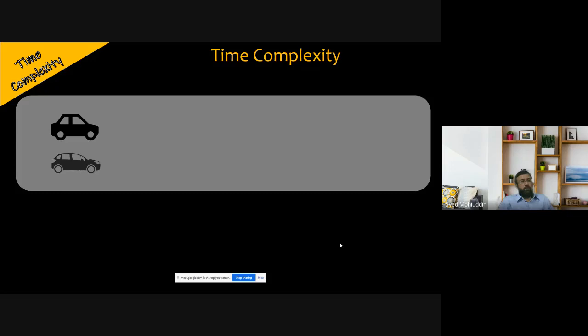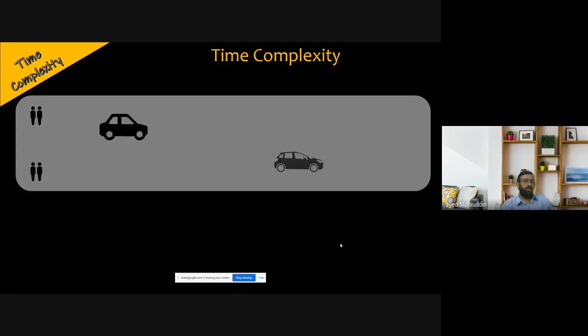Now, both cars have to go from source to destination. And assume that both the cars have the same number of people. The first car has 2 people. The sports car also has 2 people. When they both move from source to destination, one car may take less time to reach than the other.